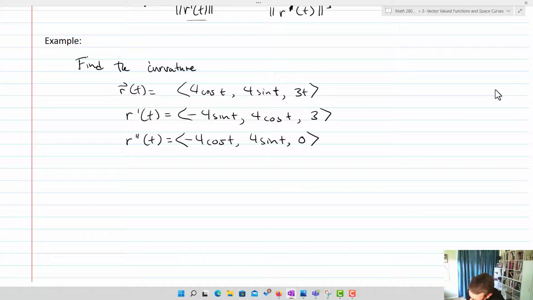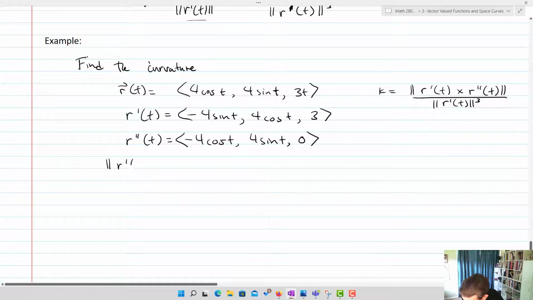Now, if you remember, the curvature k is going to equal the magnitude of r prime of t crossed with r double prime of t, divided by the magnitude of r prime of t cubed. So we are going to need the magnitude of r prime of t. Let's find that.